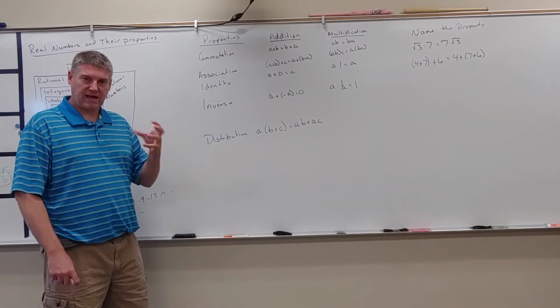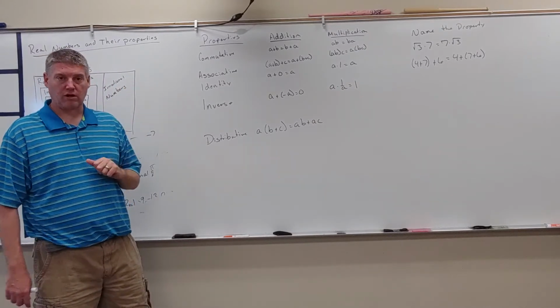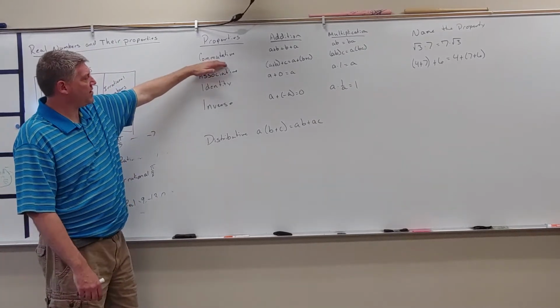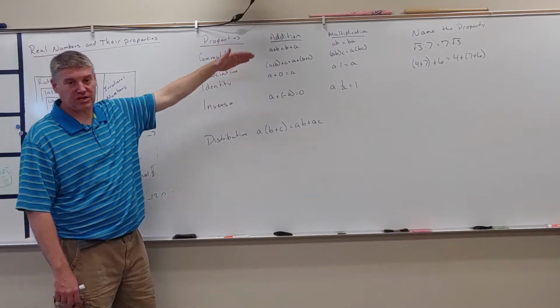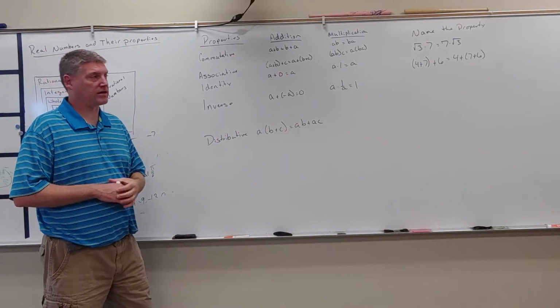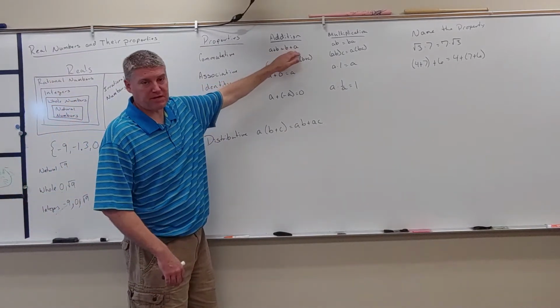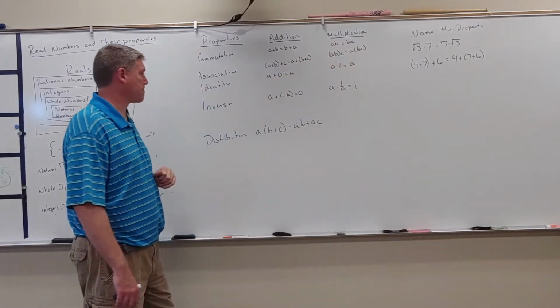So that's that idea of closure, that it'll be in that same real system. So I have the commutative property. The commutative property, for addition and multiplication, tells me order does not matter, okay? So A plus B is the same as B plus A, and A times B is the same as B times A.